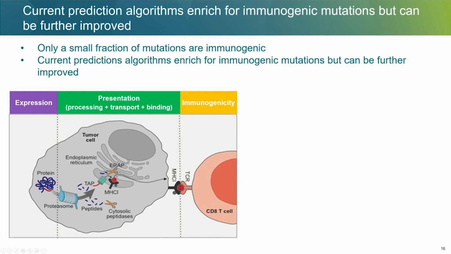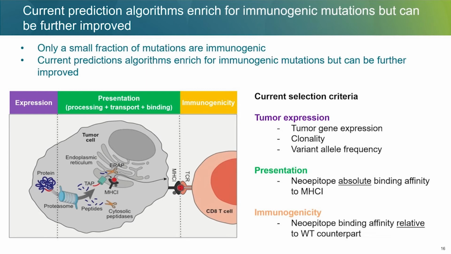And the T cells next have to recognize this complex as foreign to be activated. So this is a multi-step process, and only a small fraction of the mutations are actually making it through this process. So only a small fraction of these mutations are immunogenic. There have been a lot of prediction algorithms developed over the past years to enrich for immunogenic mutations.